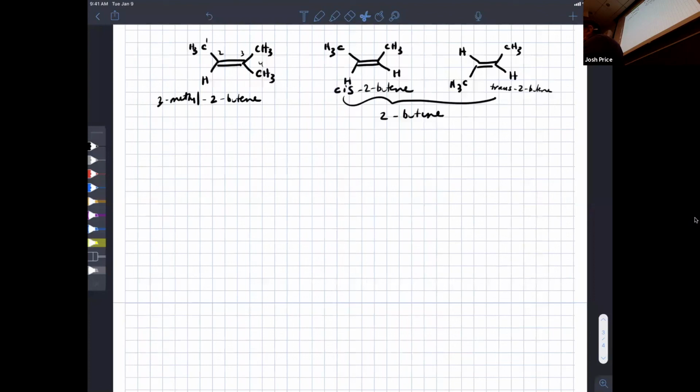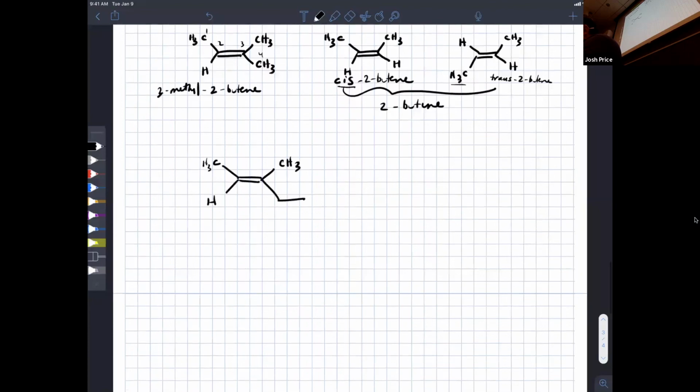In any case, because rotation around double bonds is tricky, we're going to need a better way for some molecules to describe their shapes. Now, cis and trans works okay when either carbon involved in the double bond is only bonded to one non-hydrogen thing. But all we have to do is add an ethyl group to our molecule, and suddenly the situation gets more complicated.